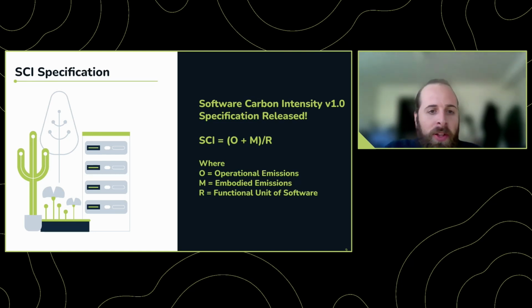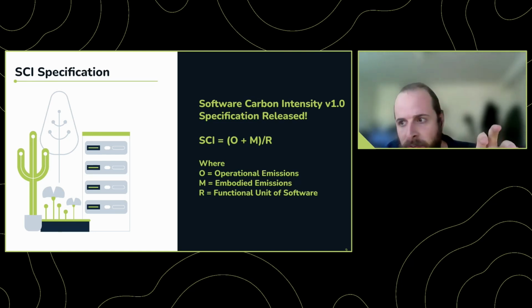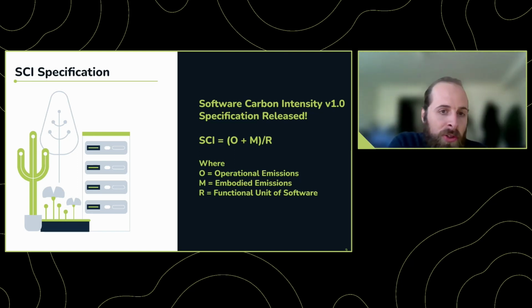We look at the total carbon released over that functional unit, and that total carbon consists of the operational carbon. When that software is running, it's running on hardware. That hardware requires electricity and that emits emissions. And then we're also looking at the embodied emissions, or the emissions that it took to manufacture, transport, and all the emissions that go into that hardware that the software runs on.